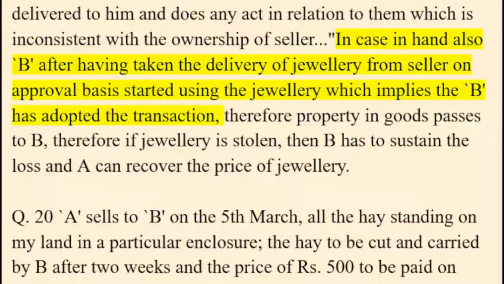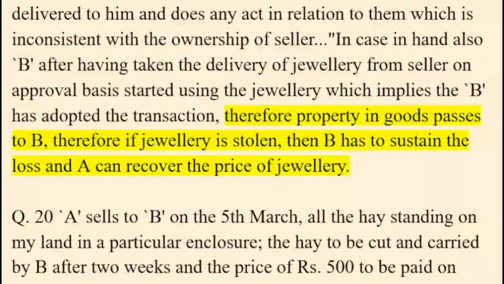In the case in hand also B, after having taken the delivery of jewelry from the seller on approval basis, started using the jewelry, which implies that B has adopted the transaction. Therefore property in goods passes to B. Therefore if the jewelry is stolen, then B has to sustain the loss and A can recover the price of the jewelry.